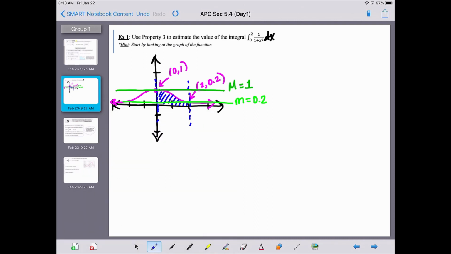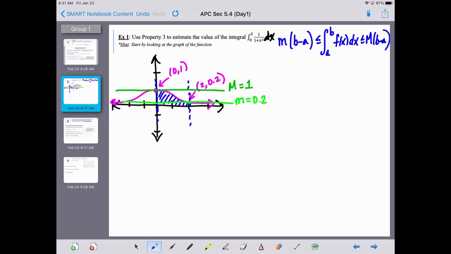In terms of calculus, property 3 says that little m times b minus a is less than or equal to the integral from a to b of f of x dx, which is less than or equal to capital M times b minus a.